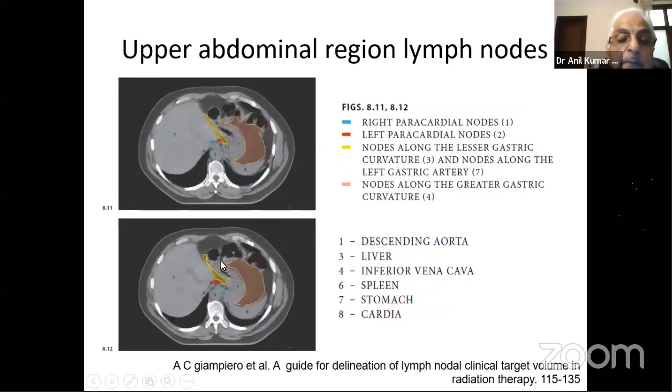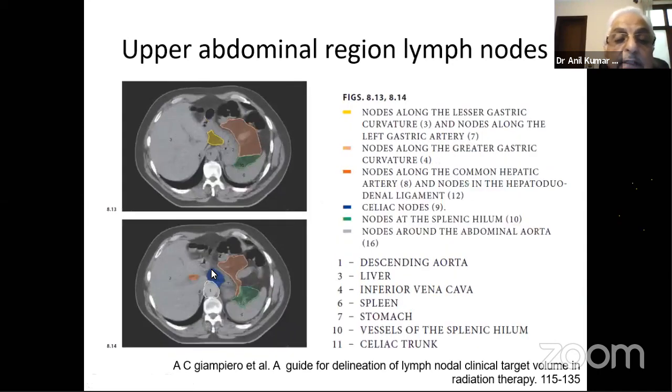So same, some sections down, again, the stomach, lesser curvature, greater curvature, and we also take, so these are the celiac lymph nodes. This is the splenic hilar. If there's a high nodal positivity here, then only you take this. Otherwise, this is optional. Then this is the nodes along the greater curvature.